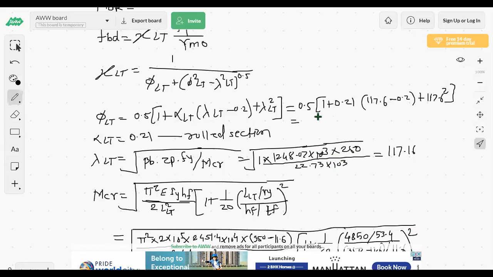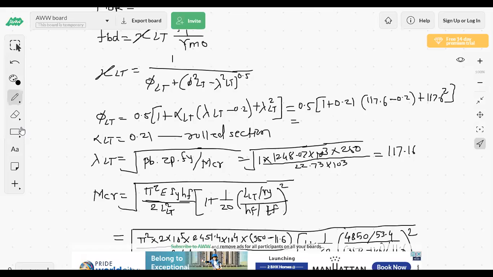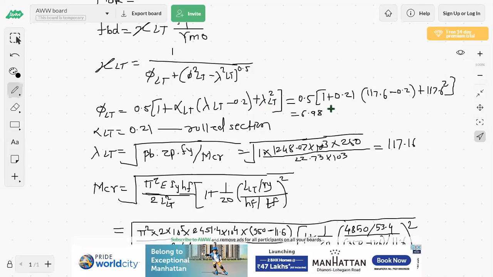Anyone other? 6.87 into 10 raised to 3. Okay, 6.98 into 10 raised to 3 is the phi LT.